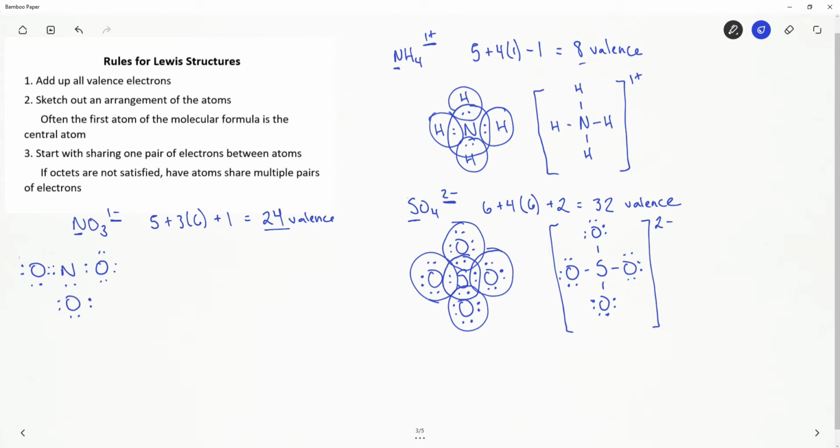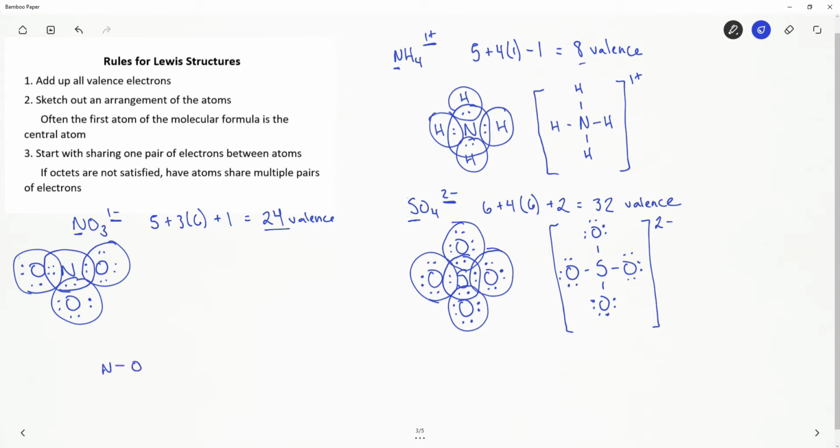Okay, let's check octets. This nitrogen, 2, 4, 6, 8, yes, that oxygen is good. That oxygen is good. And this one, 2, 4, 6, 8. Yes, okay, now I have a valid Lewis structure. Let's rewrite this a little prettier.